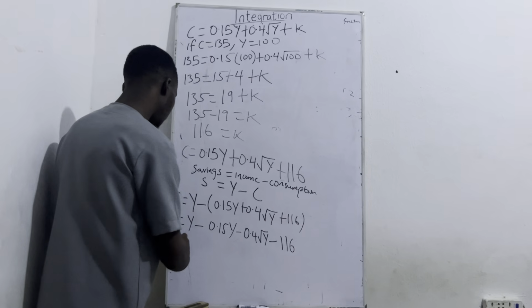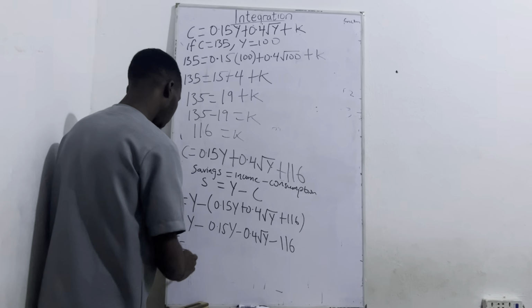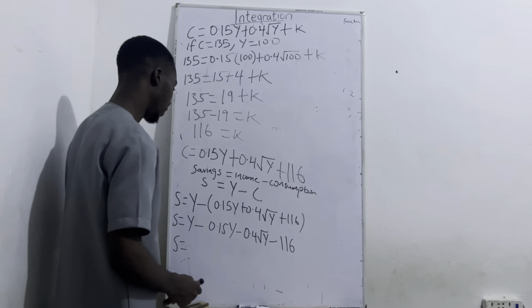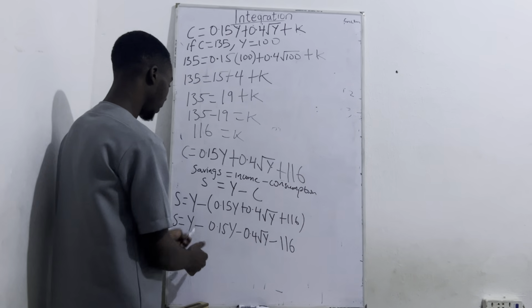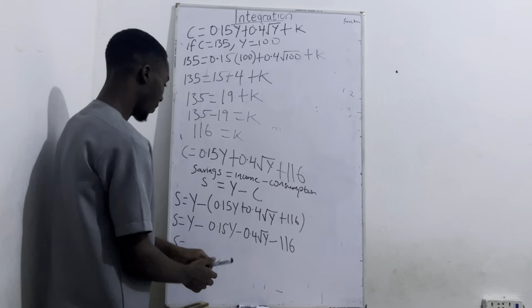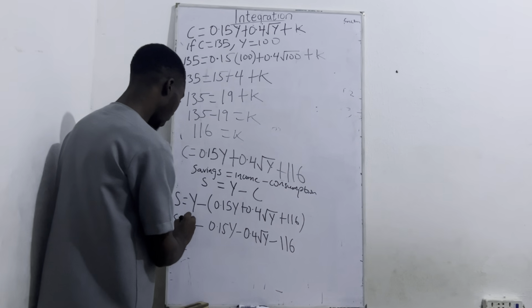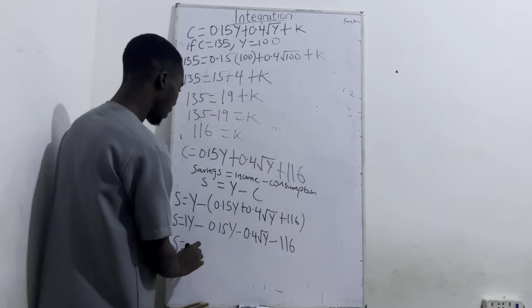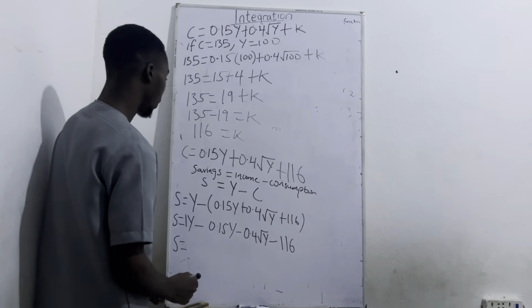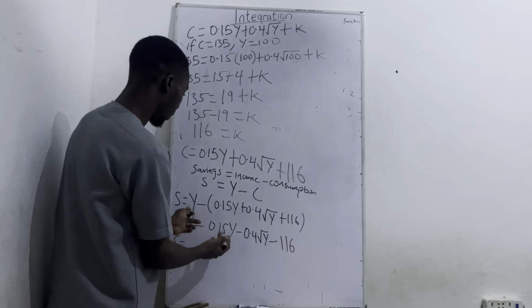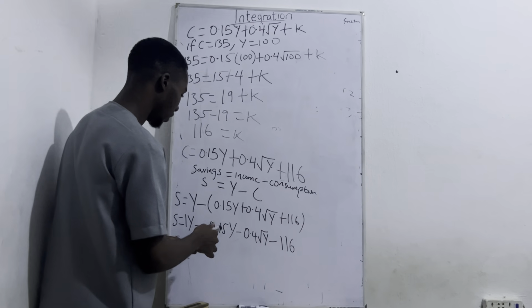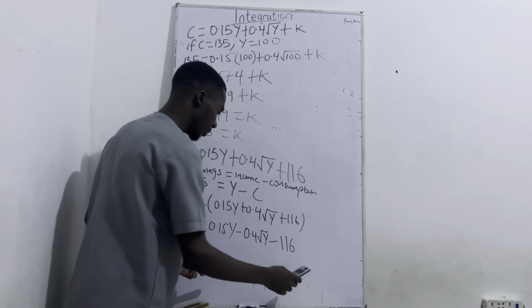So our final savings function will be, so Y minus 0.15Y. Remember, you have the same variable Y and Y. So this Y is the same as 1Y. You get it. 1Y minus 0.15Y. So now just subtract the numbers first. So 1 minus 0.15, you can do it on the calculator.